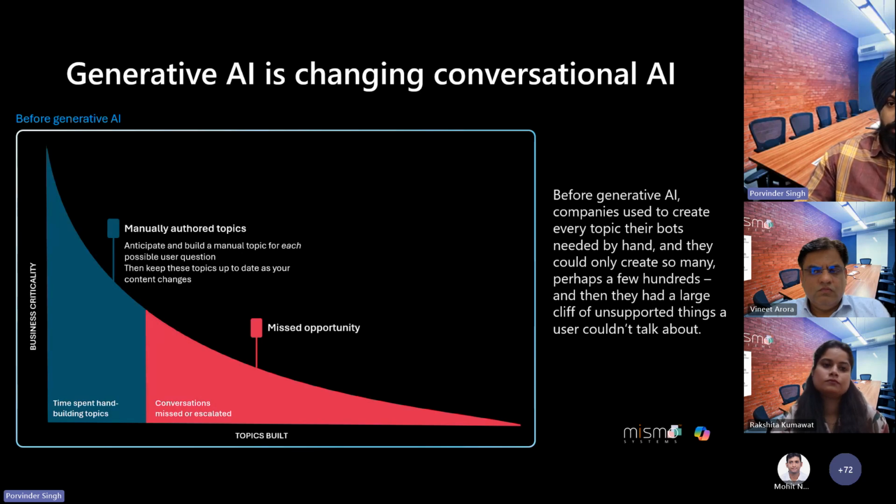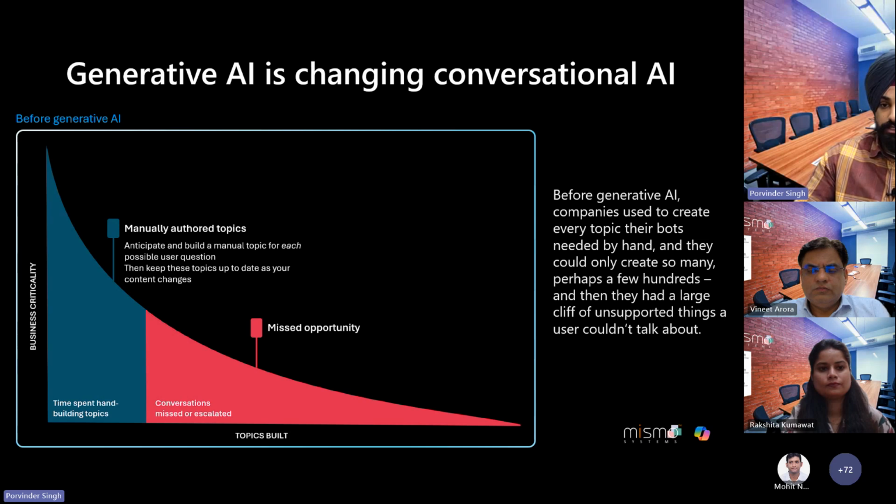This led to a lot of time being spent manually creating all these topics. It also resulted in a lot of missed opportunities, because there might be phrases which you as a creator didn't take into account while creating the virtual agent.